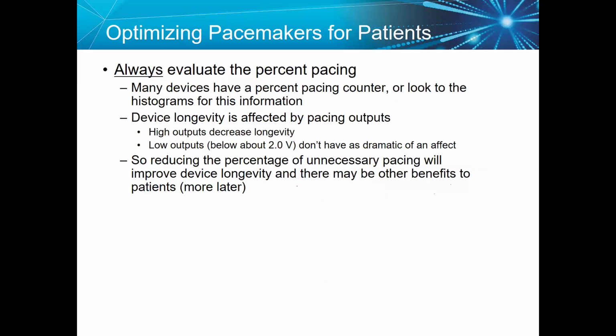We encourage intrinsic rhythm, and every company has its own algorithm to promote intrinsic conduction. But if we have no intrinsic conduction at all, we ensure that the patient is paced 100%, no problem. But if there is intrinsic conduction, we should encourage it, taking into consideration that this intrinsic rhythm doesn't affect the patient's clinical status. Okay.